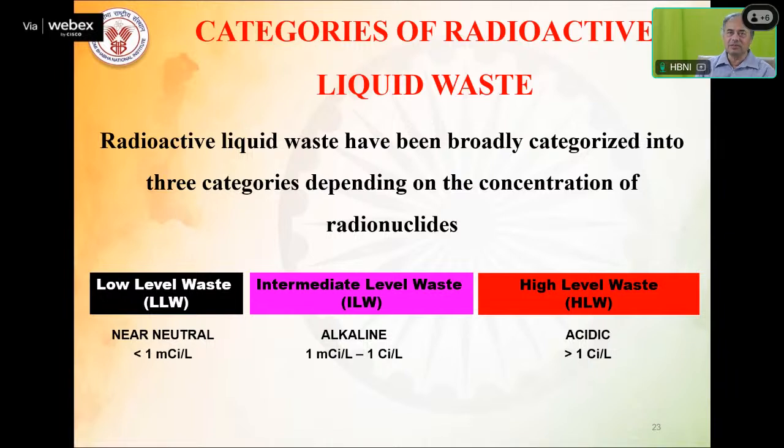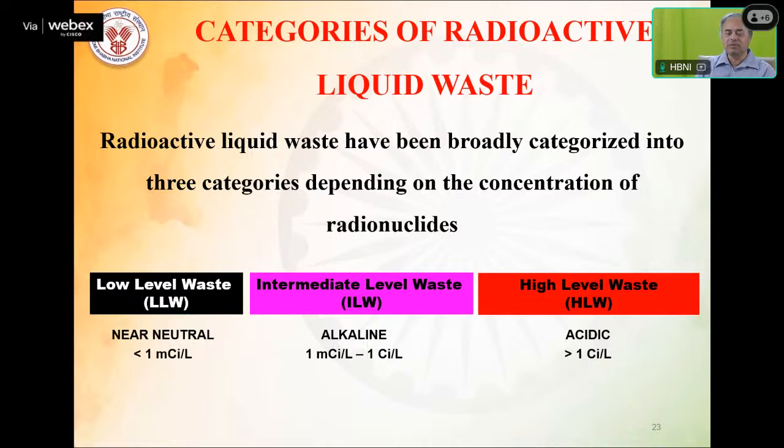How do we categorize this waste? Low level liquid waste, when the activity is less than 1 millicurie per liter, is called low level liquid waste. And it is as good as neutral. Neutral means it will not have any harmful effect if activity is less than 1 millicurie per liter.